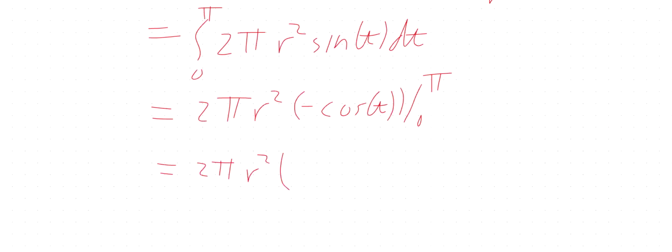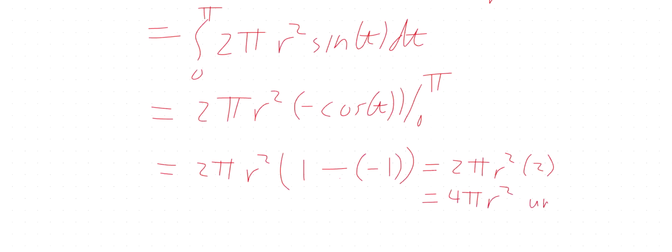Cosine of pi is -1. There's already a negative there, so that's a positive 1. Minus plugging in a 0, we would get a 1, but it's already negative. Therefore, we get pi r squared times 2, which is 4 pi r squared. Unit squared because it's surface area. And that is the equation for surface area that we would expect.